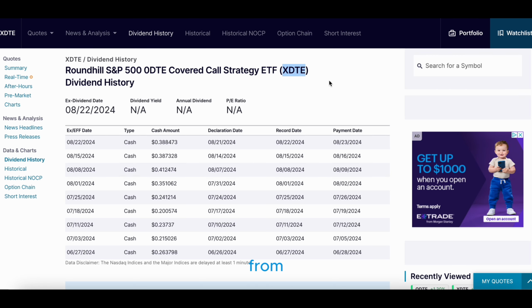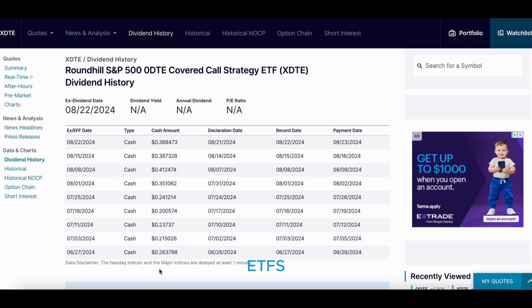Starting with the Roundhill S&P 500 0DTE Covered Call Strategy ETF, which is XDTE, it has provided 29 cents per share of dividend every single week, to whoever owns one share of this ETF. So if you are investing in XDTE or QDTE, these are income-oriented covered call strategy ETFs, meaning they'll provide you good income on a weekly basis.